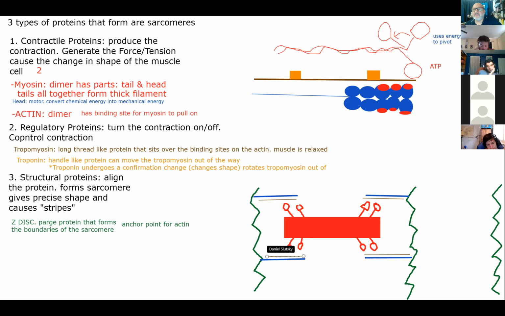And we know we need some little handle-like troponins on them. So we're starting to see the arrangement of our sarcomere here. However, notice I've only drawn one of these. All right, and notice there's really nothing holding this myosin in place right now.